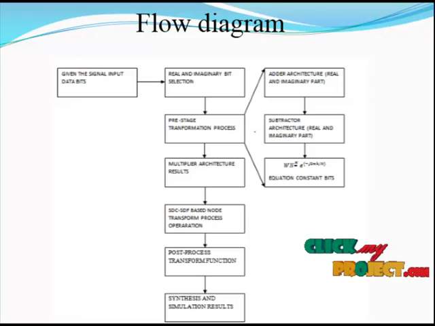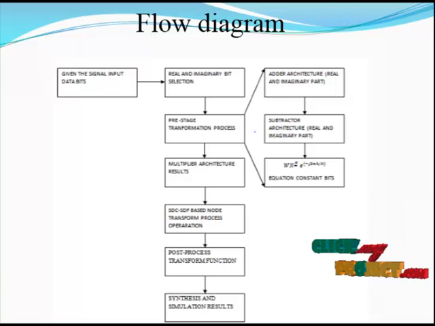Next, we are going to see the flow diagram for our product. The given signal input database is given to the real and imaginary bit selection. Then the output of the real and imaginary bit selection is given to the input of the pre-stage transformation process. This process involves adder architecture, real and imaginary part, subtractor architecture, real and imaginary part, and the equation for the constant bits.